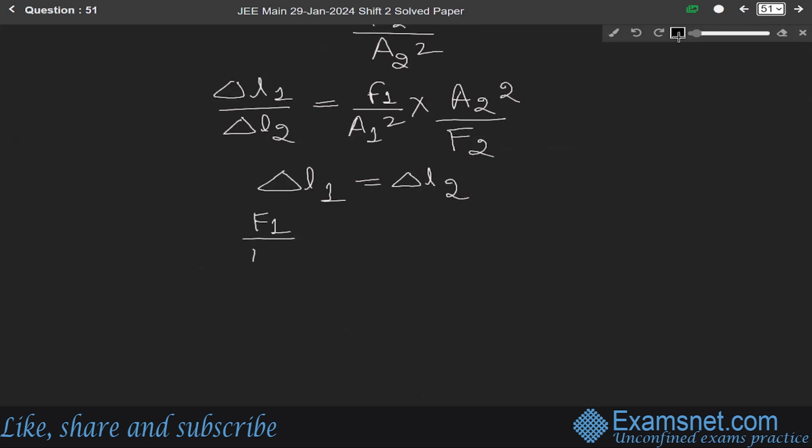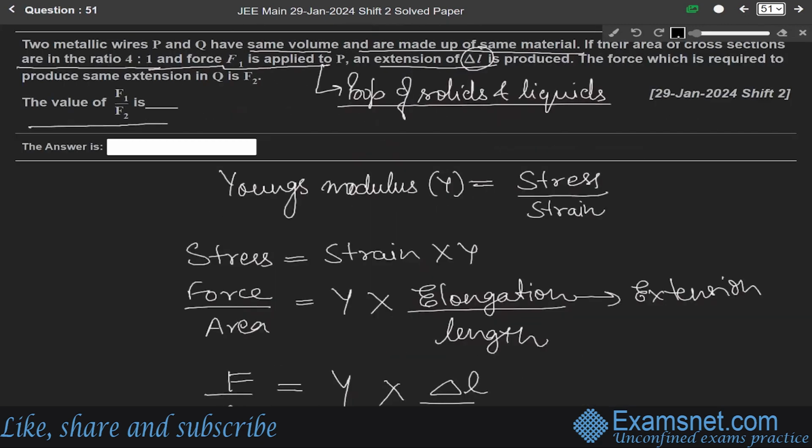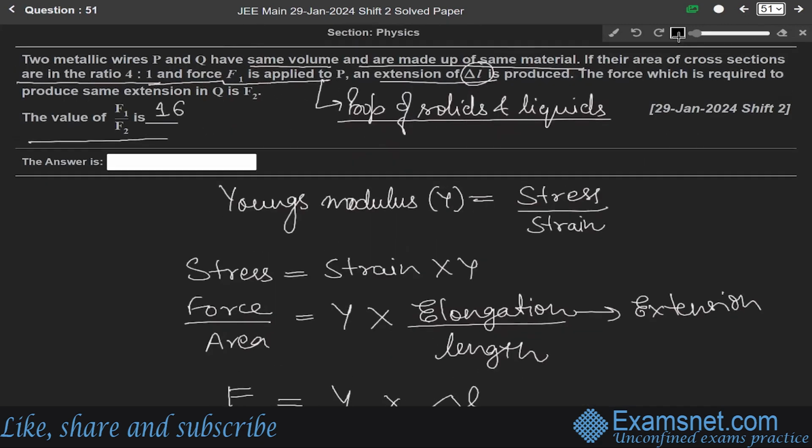Therefore, F1 over F2 will be equal to A1 square over A2 square. So it will be 4:1, means 4 over 1 square. So F1 over F2 is equal to 16. This is our final answer. So the ratio of force F1 over F2 is 16.